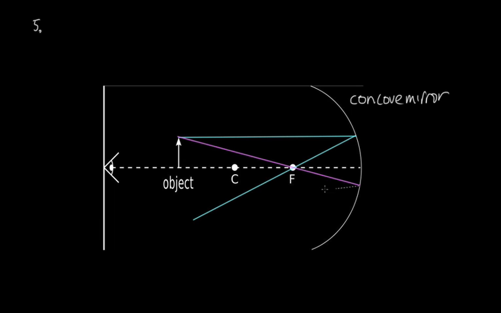Then when it is reflected off the mirror, it travels parallel to the principal axis. So that is like that. Then it forms an image. The image is here, so we can draw our arrow like that. This is a real image because the light rays really do pass through this point.